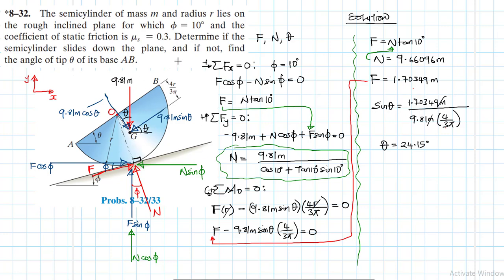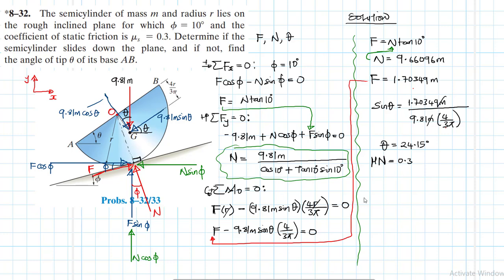So we need to find the other part of the question, whether the semi-cylinder will slide down or not. So we need to find the maximum friction. The maximum friction is mu n, and we know our mu is 0.3.